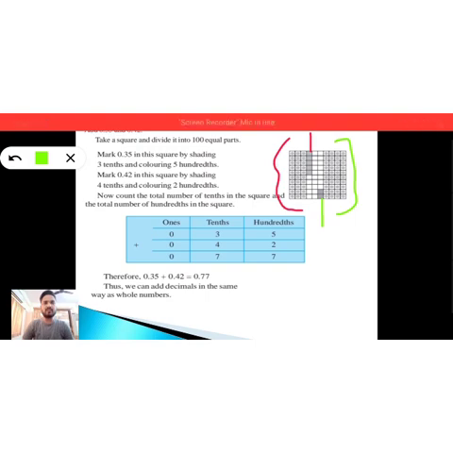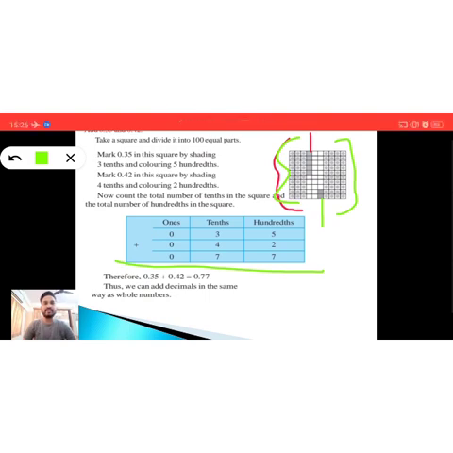Now count the total number of tenths in the square and the total number of hundredths in the square. So now for the first, 0.35, means 0, then decimal, the tenths part is 3 and the hundredths part is 5. In the second, 0, the tenths part is 4 and the hundredths part is 2.